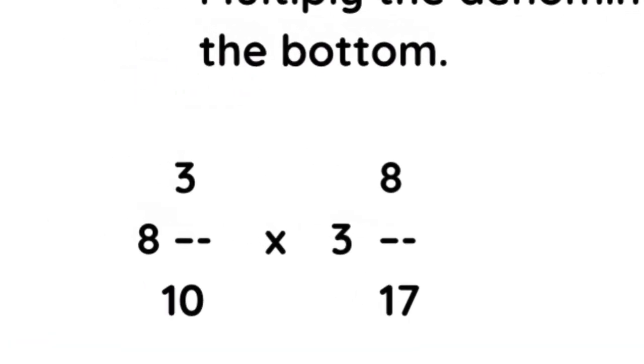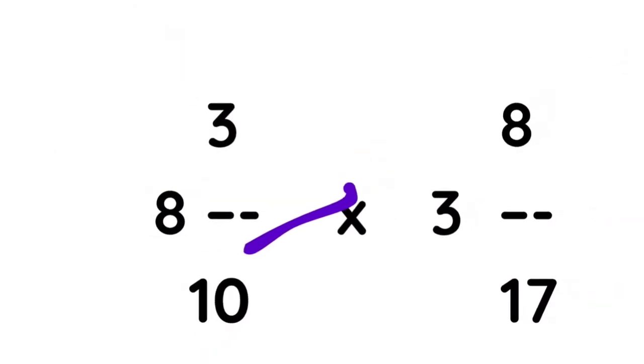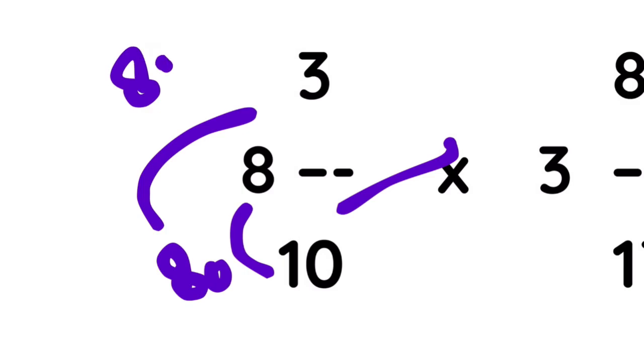So let's take a look at this example. It turns out that these fractions are mixed, so I need to turn them into improper fractions, as we said at the beginning of the lesson. So let's do that. Ignore this line, okay? It's hard for me to pick up the eraser right now. So 10 times 8, 80. 80 plus 3, 83.